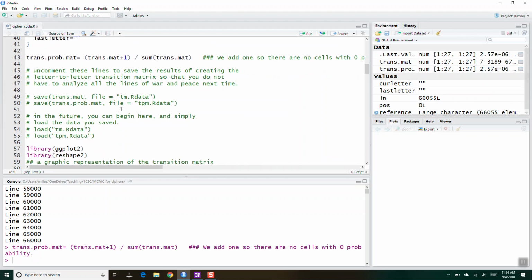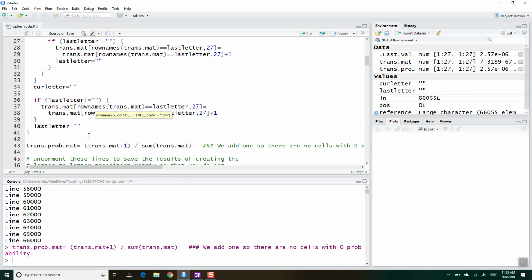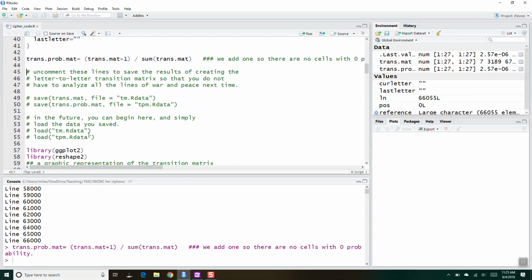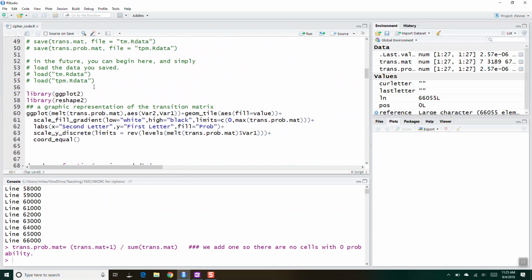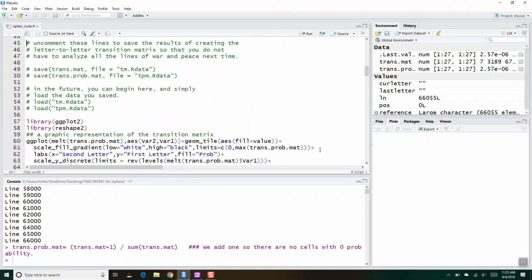Okay, I have a few lines. Because it takes a little while to run through all 66,000 lines of code, you can save the resulting matrix, and then later on if you want to work on the code again, instead of having to reload and read through War and Peace again on the computer, you can just save the matrix that it produced.